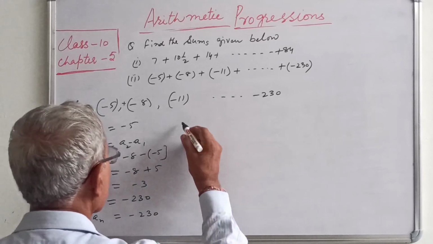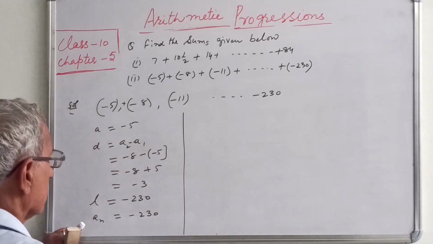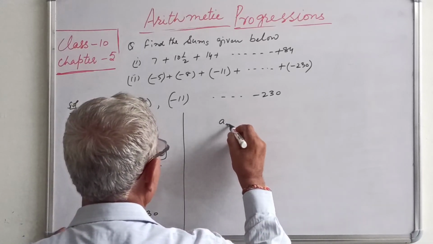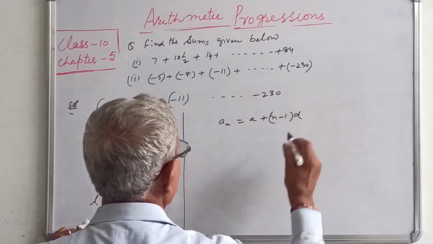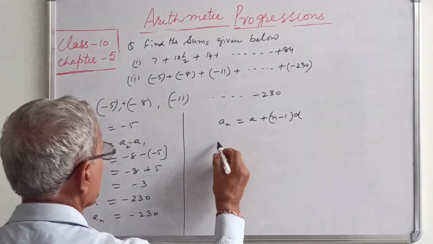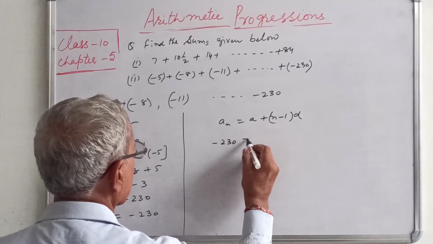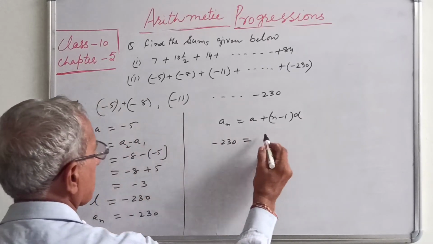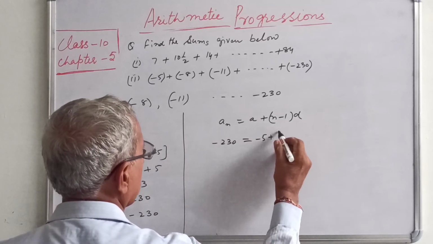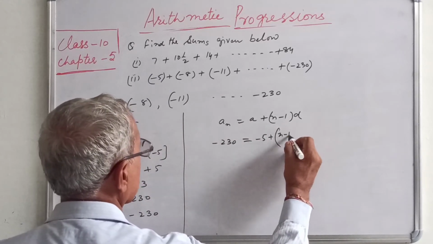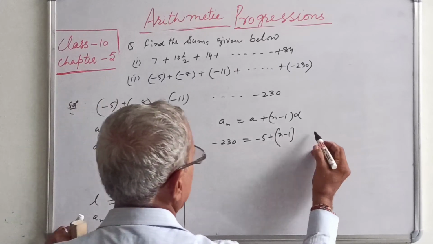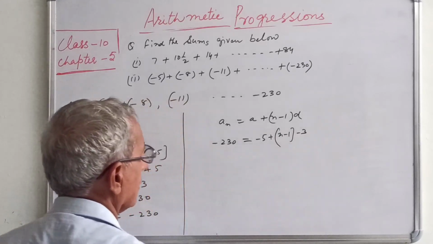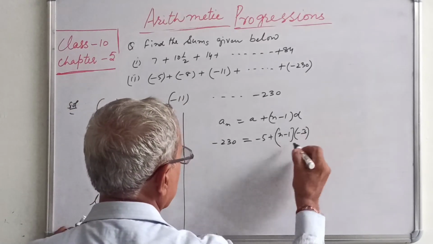Now we have to find the value of n. So AN is equal to A plus n minus 1 into D. So minus 230 is equal to A is minus 5, n minus 1, D is minus 3. So multiply with minus 3.